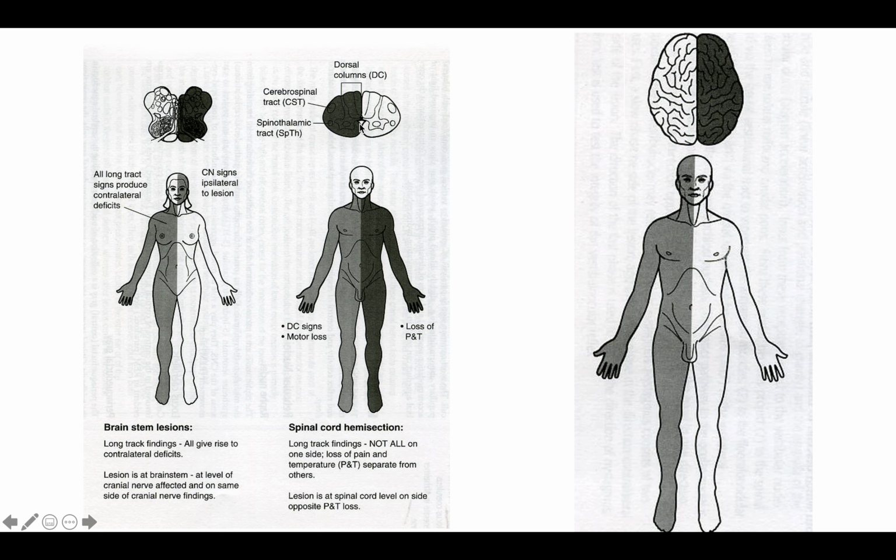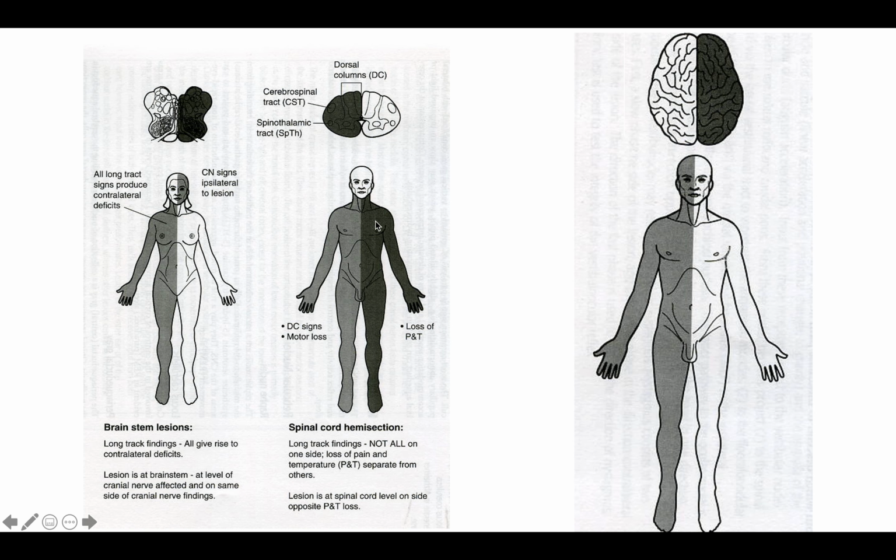We'll just say that this is like an upper cervical lesion. So he's lost motor control on his right side because it's below the decussation of the dorsal columns and corticospinal tract. So it's going to be the same side, or ipsilateral, to the lesion.